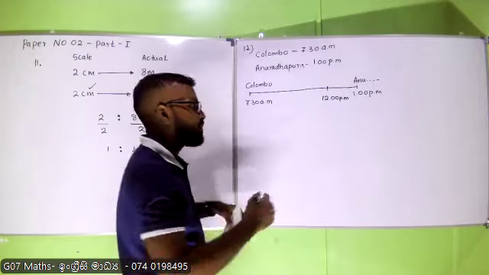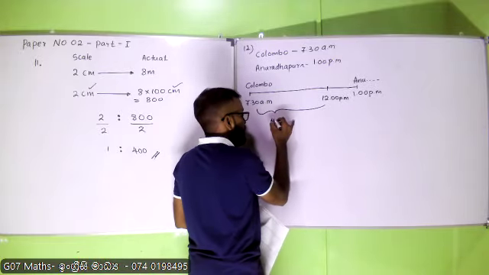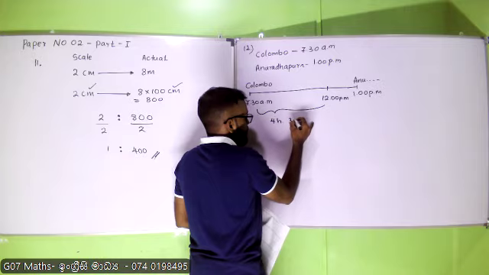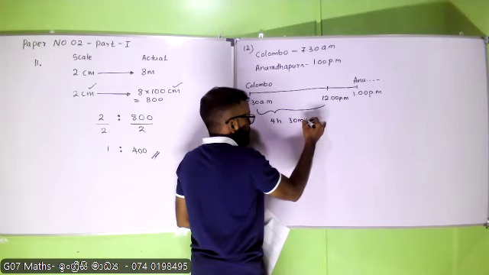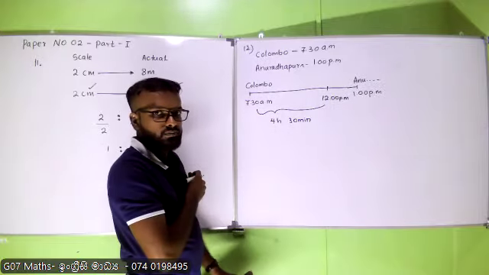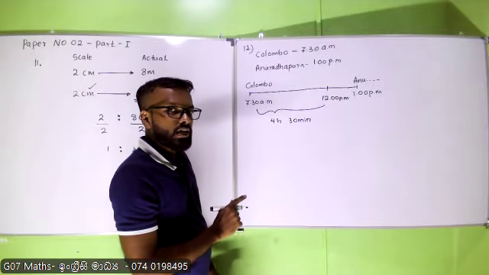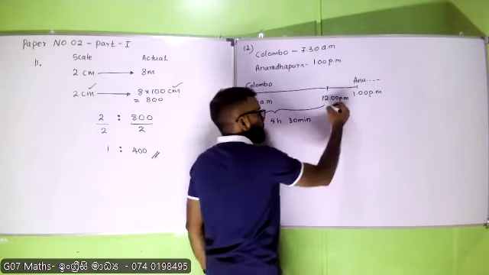That means 4 hours and 30 minutes. Subtract 7:30 from 12 p.m. Then, 12 to 1 p.m. How many hours are there? 1 hour.